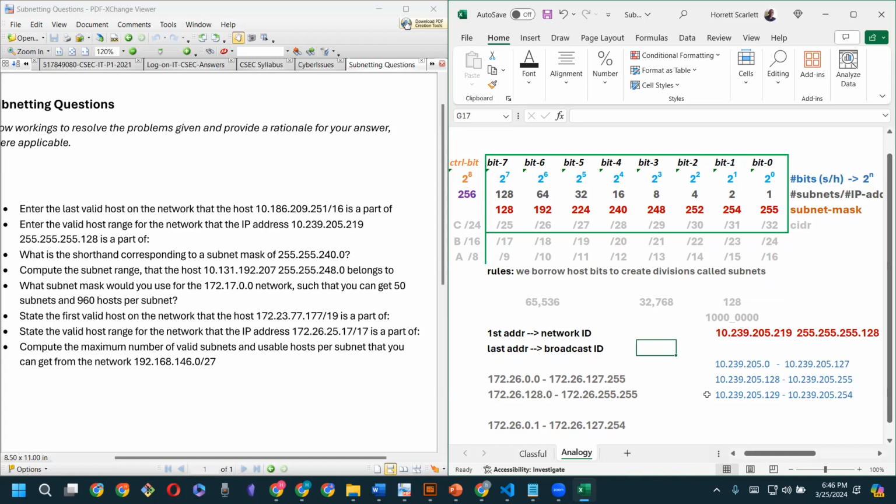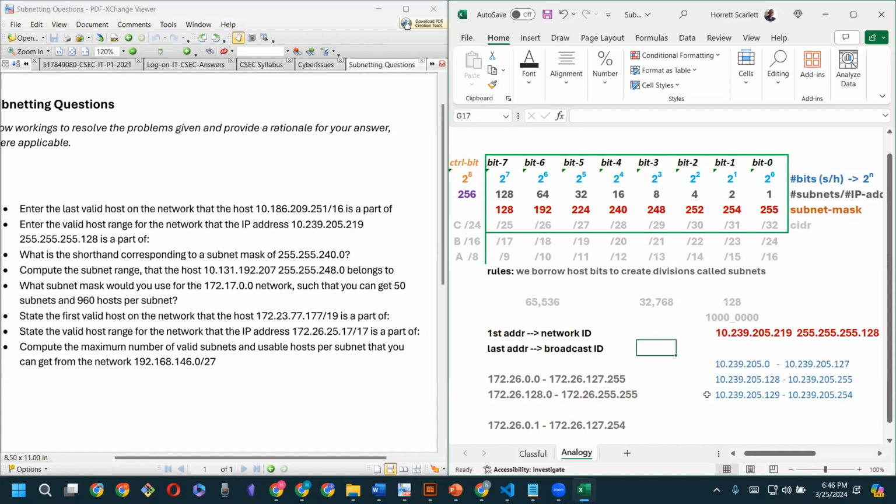Exactly, but what you are sure about is that you can get 50 subnets without wasting too much. Because if you go to, let's say, 128, you'd be wasting too much, right? 2 to the 5 can't do it. You agree? Because that's 32. True? 2 to the 6, that's 64. So that's more than the 50. 2 to the 7 is 128, which is much more than the 50.